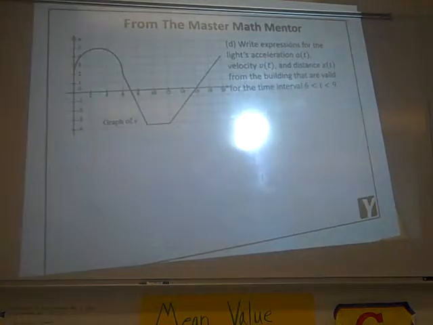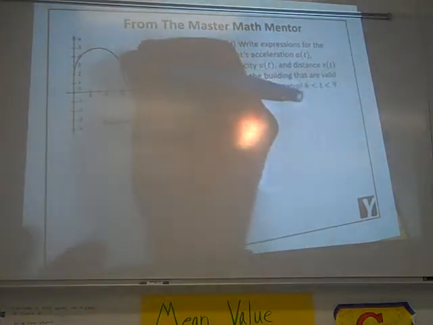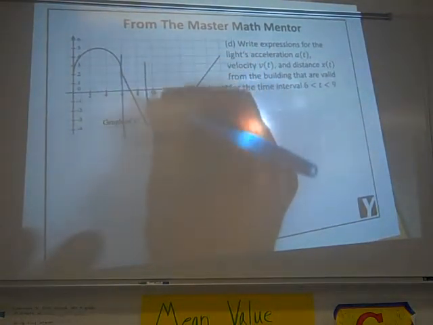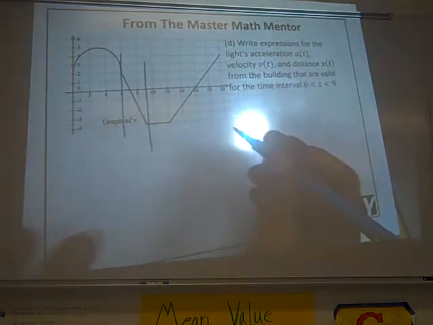All right, part D. This was a new question for most of my students. Write expressions for the light's acceleration, the velocity, and the distance from the building that are valid for the time interval 6 less than t less than 9. So first of all, let's make sure we understand this. I only am interested in the time interval 6 to 9.